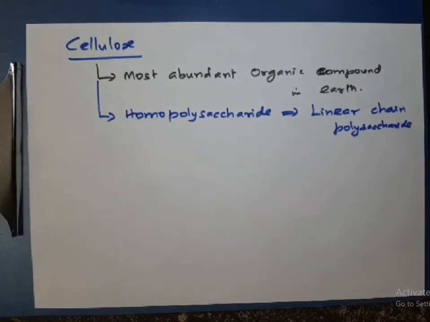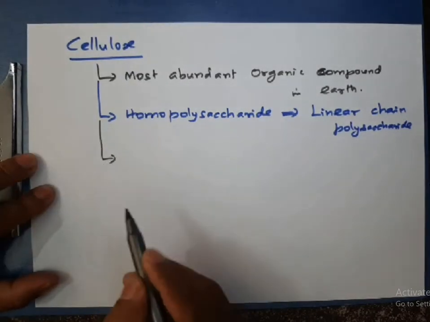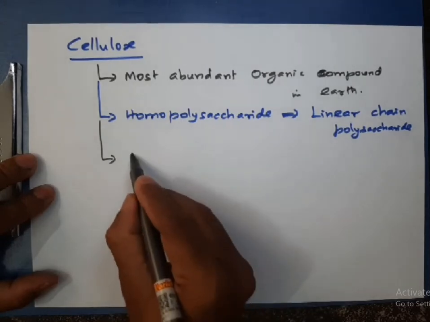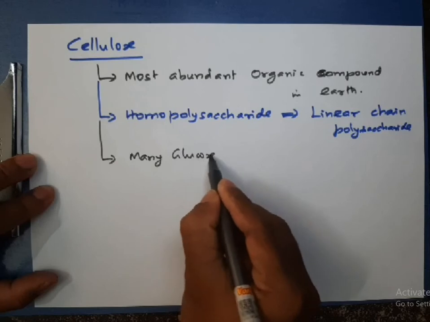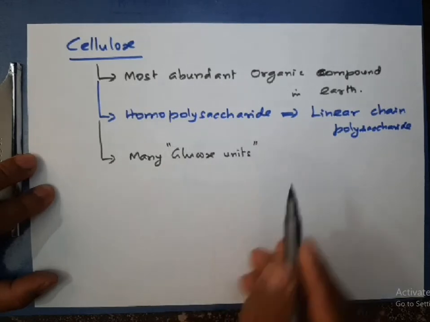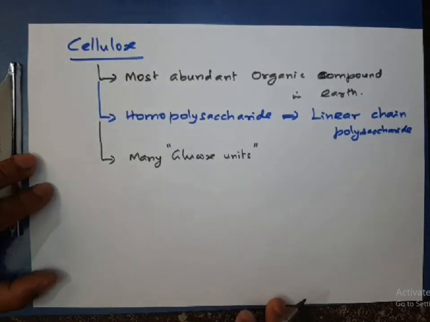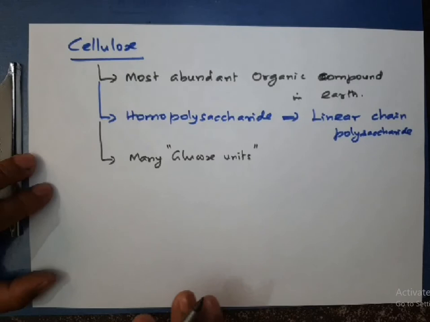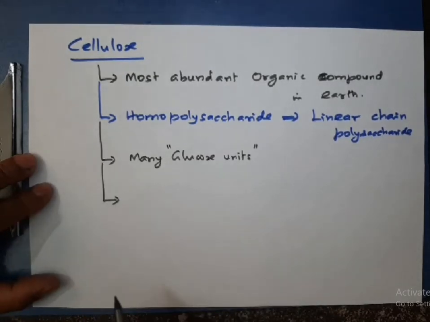And here, what is the monosaccharide unit present? The monosaccharide unit present here is the glucose unit. It consists of many glucose units. So glucose is the monosaccharide unit present in cellulose. But what is the connection between adjacent glucose units?